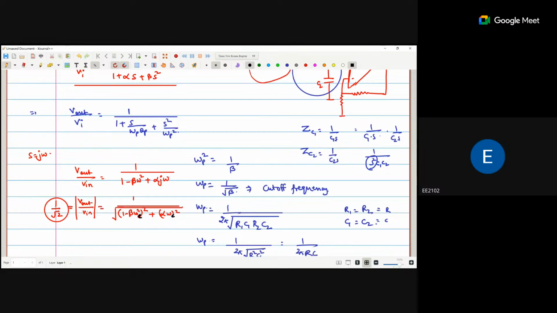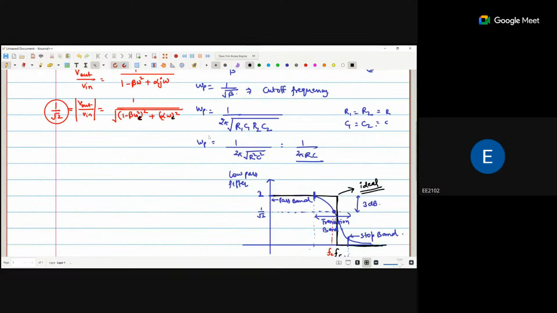If it is a low pass filter, the maximum magnitude appears at omega equal to 0. Okay, maximum magnitude appears at omega equal to 0.